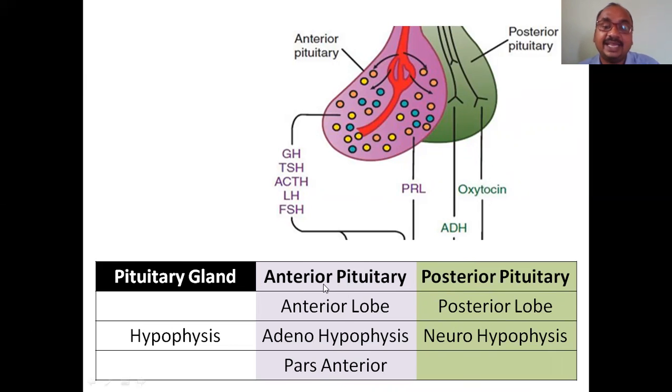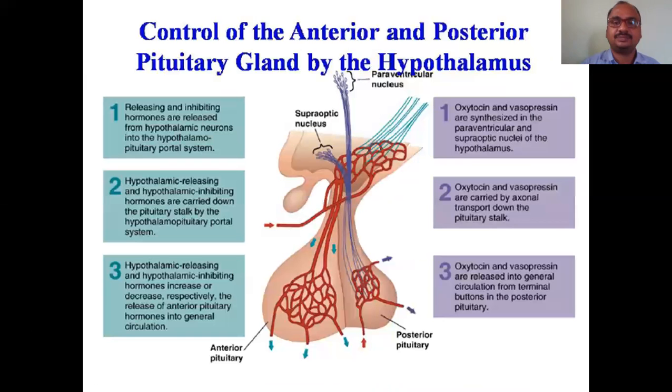The anterior pituitary also has one extra name, that is pars, P-A-R-S, pars anterior.